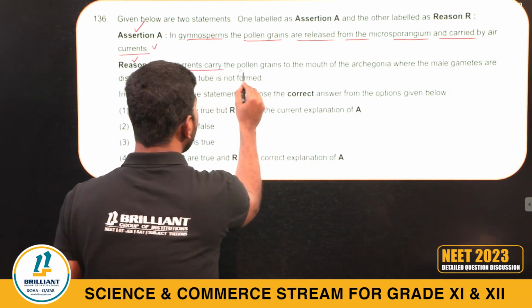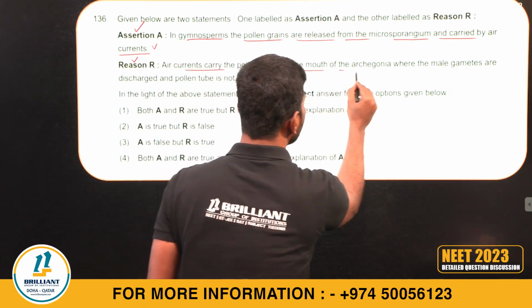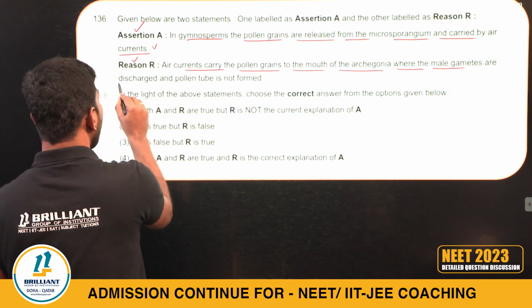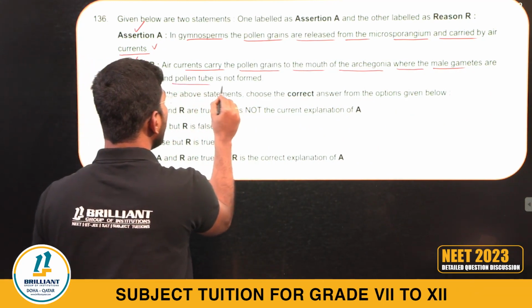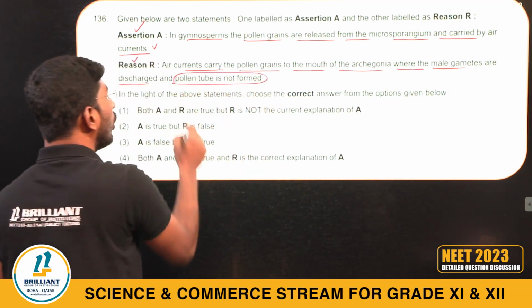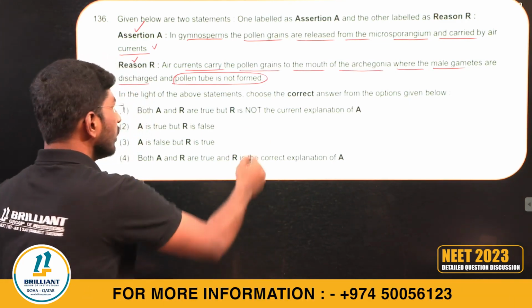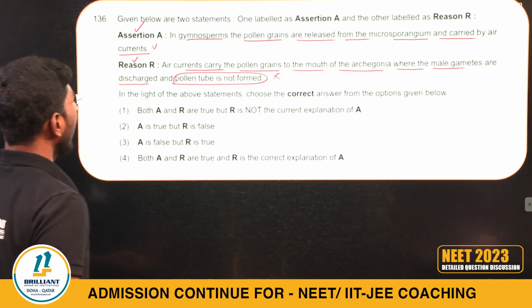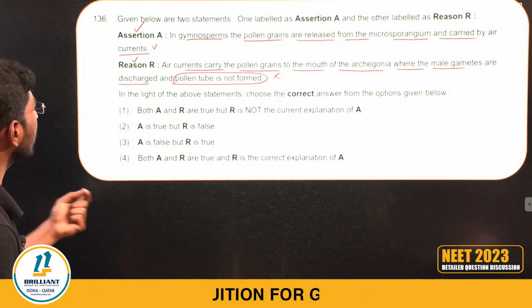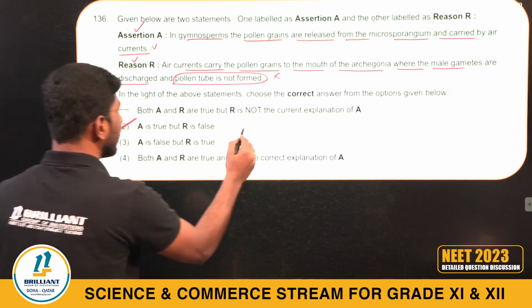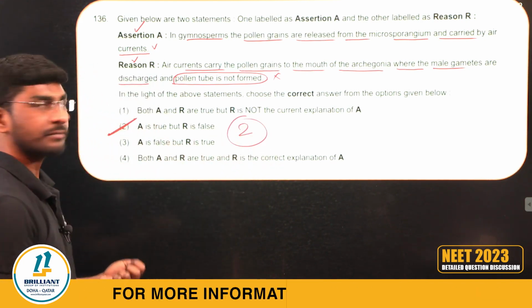Air current carries the pollen grains to the mouth of the archegonia, where male gametes are discharged, and pollen tube does not form. Pollen tube forms. So this is called what? Wrong statement. According to my analysis, assertion correct, reason false. So A is true, R is false will be the right answer.